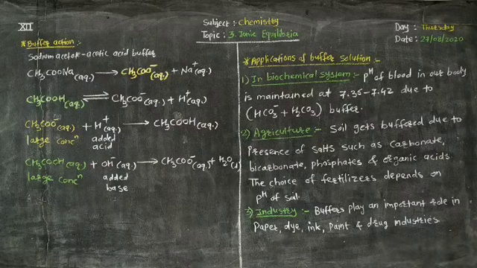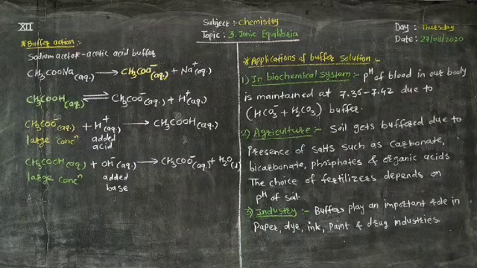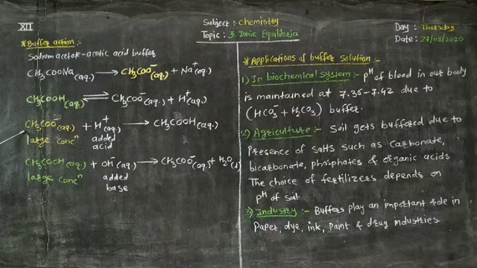Now what happens when we study these reactions? First of all, sodium acetate is a strong electrolyte which dissociates completely in water, producing a large concentration of acetate ion, that is CH3COO minus.